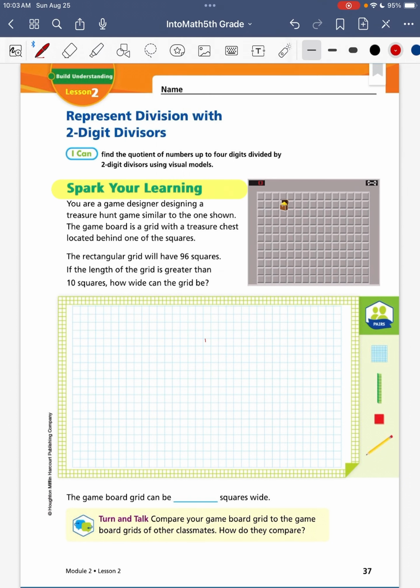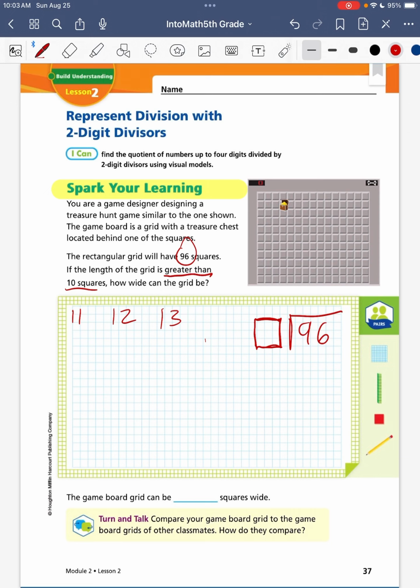Here we know that our total number of squares will be 96. However, our divisor is also unknown to us. We know that it has to be greater than 10 squares. So this means that it could be 11, 12, 13, 14, and so forth.